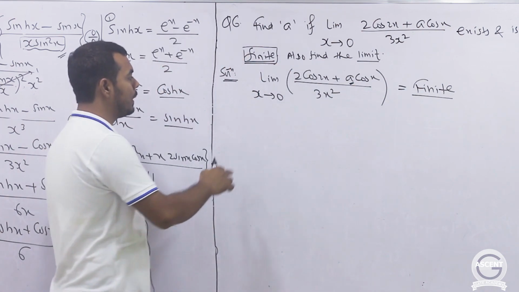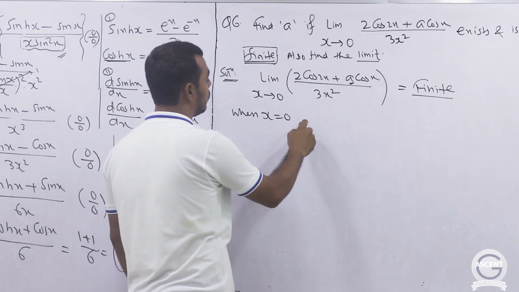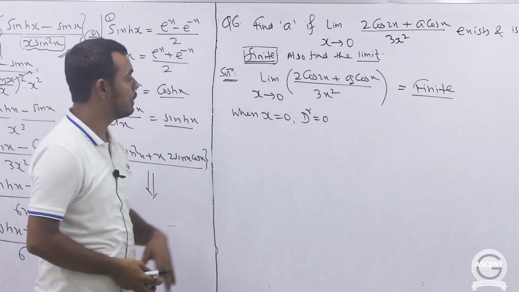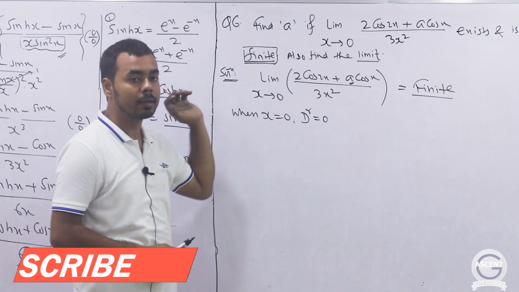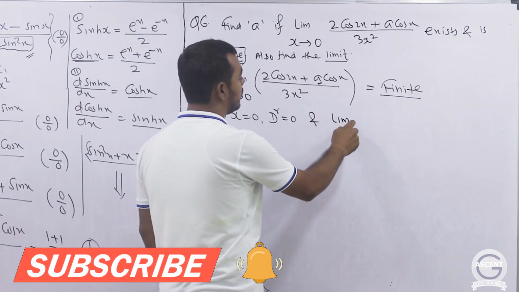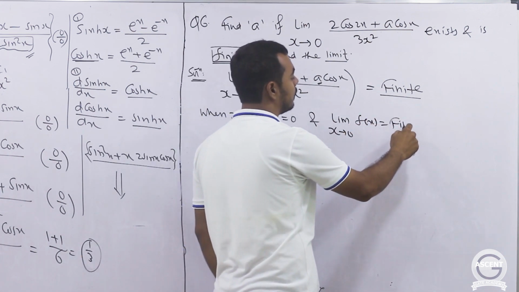Now see, when you place x equals to 0, the denominator is 0, right? If I place x equals to 0, 3 into x square will give us 0, and the value of this limit as x tends to 0 is finite.